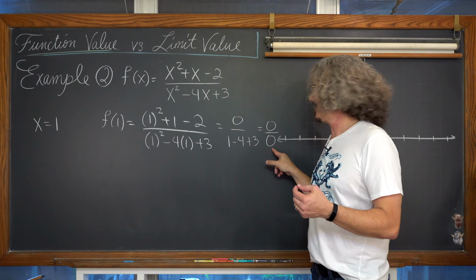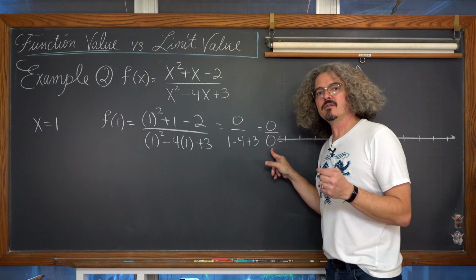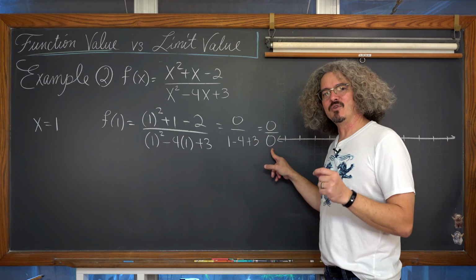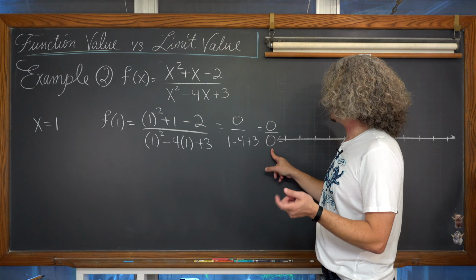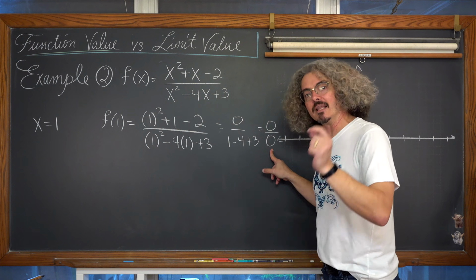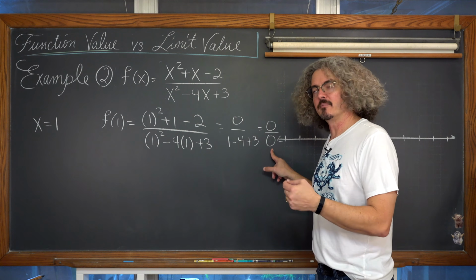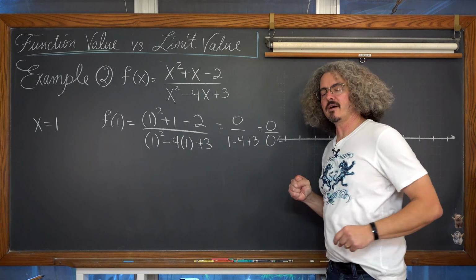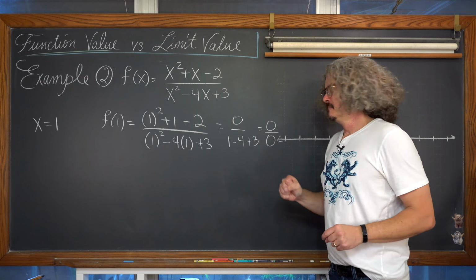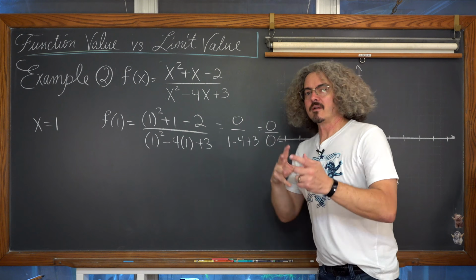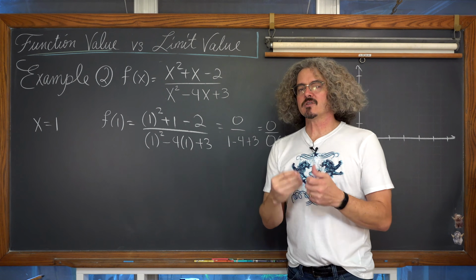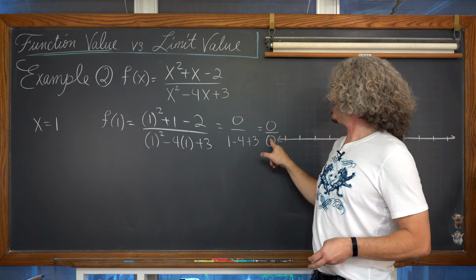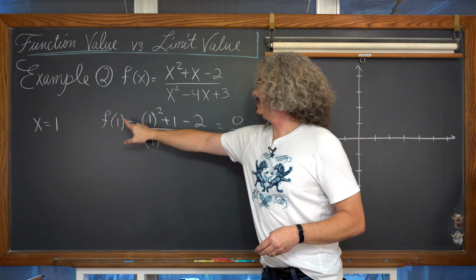Well, this is not a real solution. And indeed, there may be, at least in terms of limits, a possibility of you finding an answer. In this case, in terms of limits, it's called indeterminate form. But in terms of the value that you get from a function, we're never allowed to divide by 0. So even though it's 0 over 0, and in a minute I'm going to talk about how that's a little bit of a special case, this function f of x does not exist at the x value of 1.